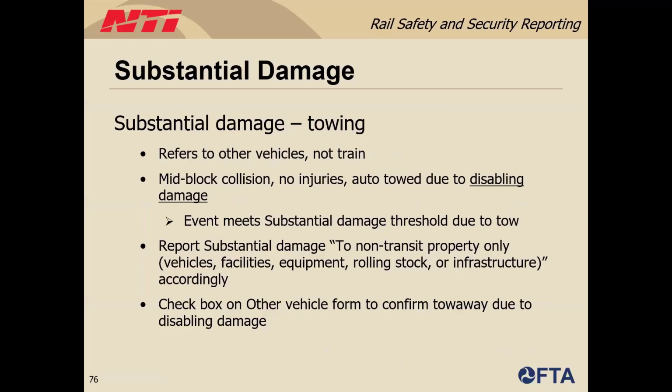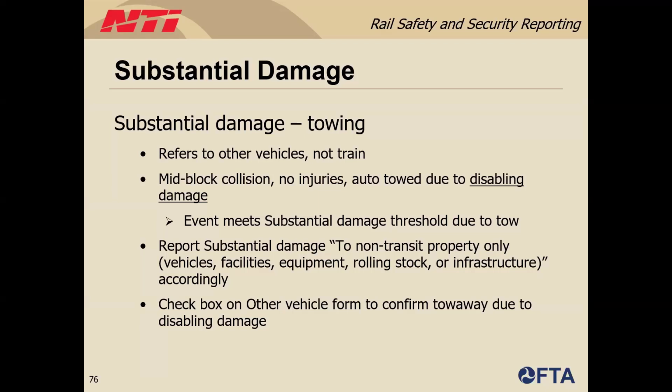Regarding the towing portion of the substantial damage criteria, again, this does not pertain to towing the train, but rather it refers to towing another vehicle that may be involved in the collision due to disabling damage. For example, there's a mid-block collision with no injuries, no fatalities, yet the car is towed due to disabling damage.